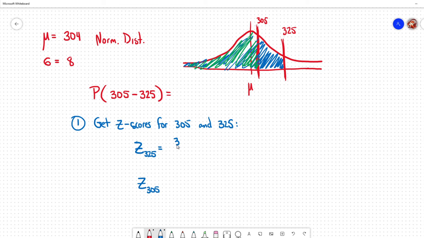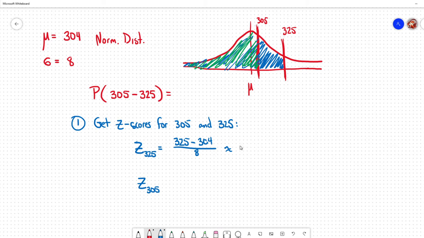Okay, so 325 minus the mean, 304, over the standard deviation, which is 8. And we'll figure that out right now. Whoops. Don't worry, nobody got hurt on that one. 325 minus 304. And then we'll divide that by 8.